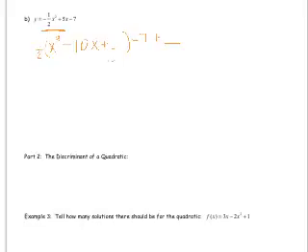Okay, so what goes in my first blank is half of -10 squared. So half of -10 is -5, and then I square it is 25. But what did I really add to this side?